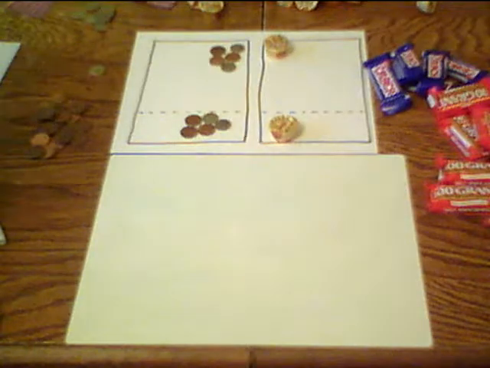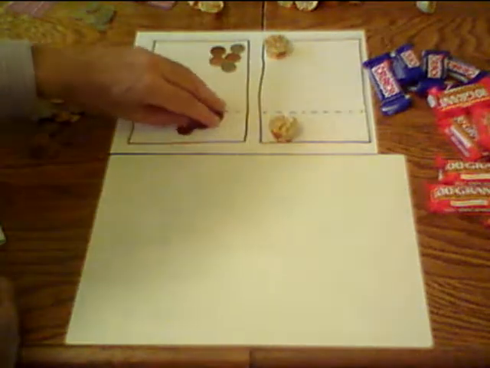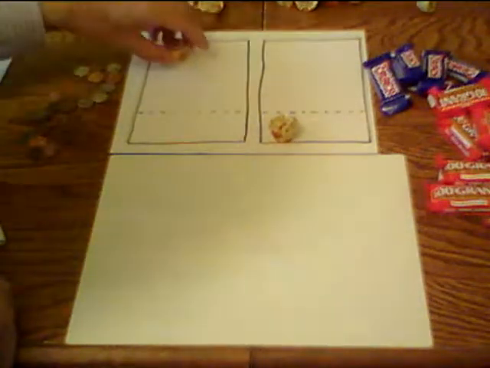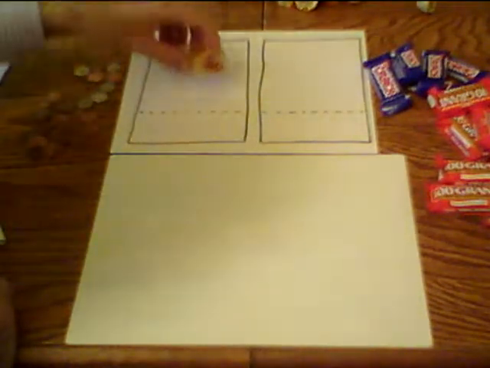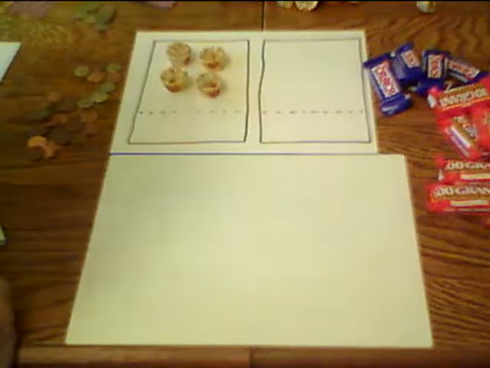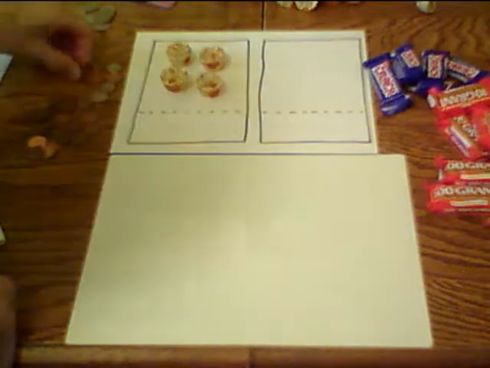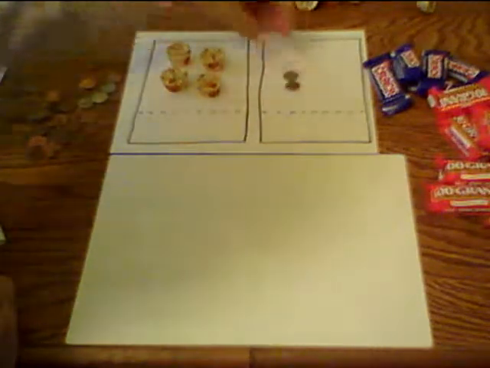Okay? We might do another one, such as a person has 4 candy bars, so they begin with 4. And have them put that in the left box. And they're all identical. They sell them to a friend for 48 cents.